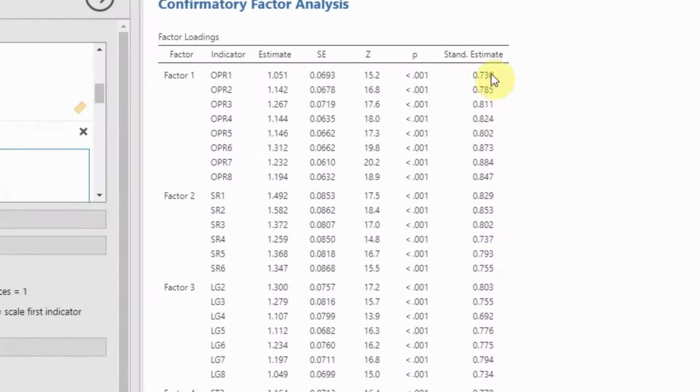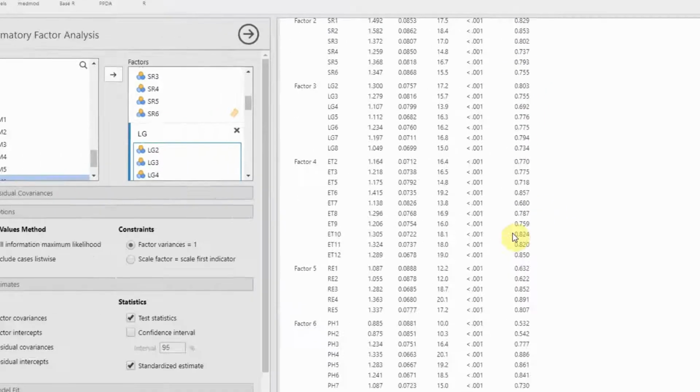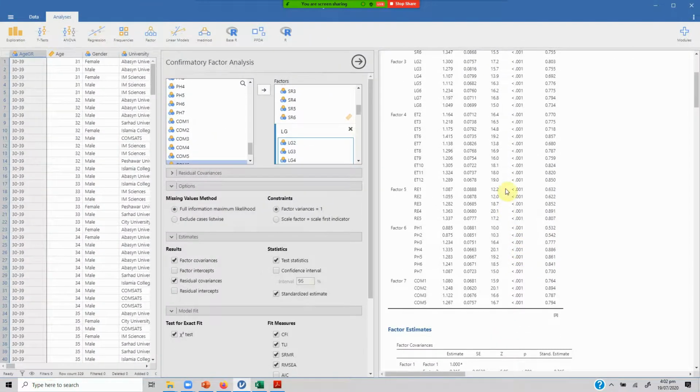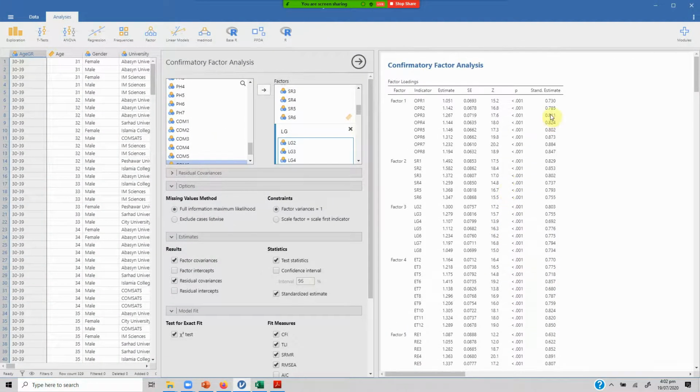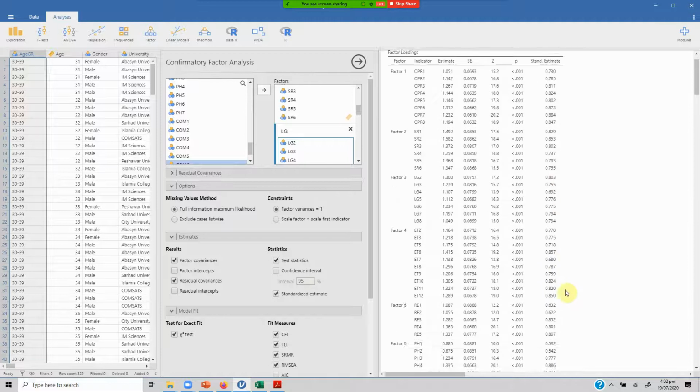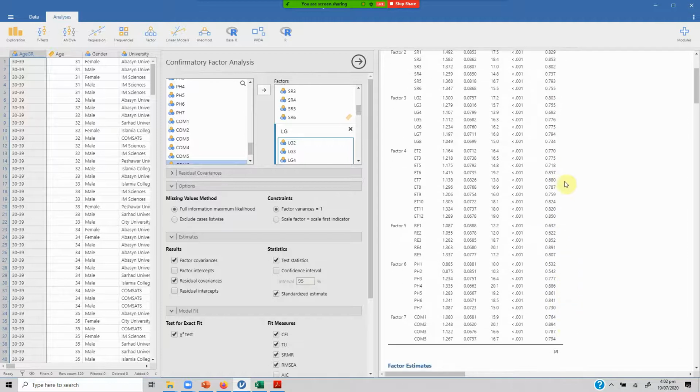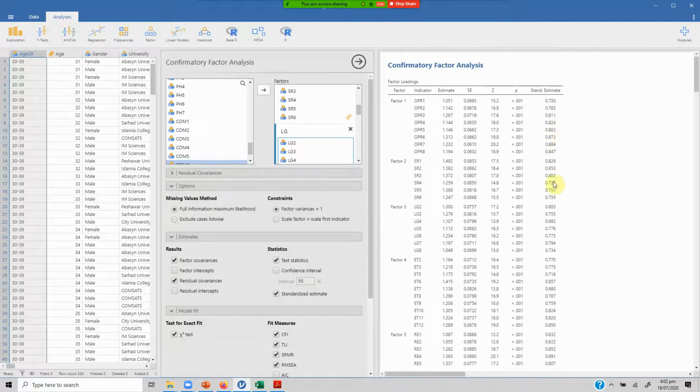So how well these items are representing the underlying construct, we know this through our standardized estimate, that is our loading. Now these are 7 factors that we extracted from exploratory factor analysis, and if we see, all these loadings are quite good actually. So we do not need to remove any item during our CFA.